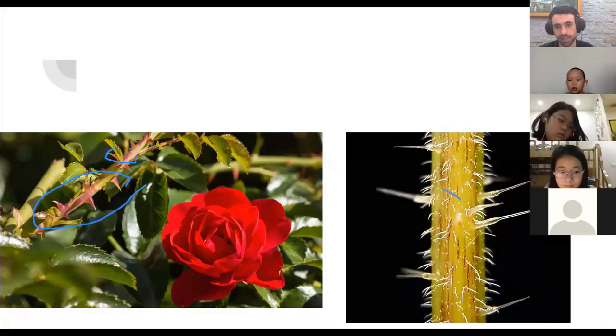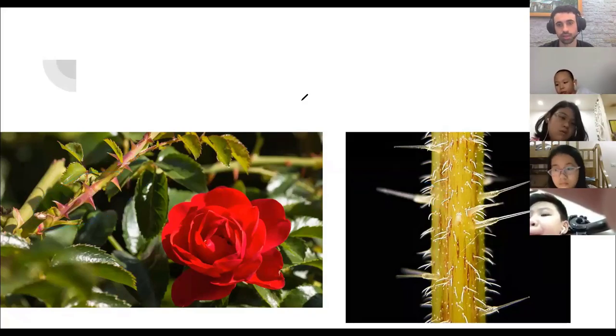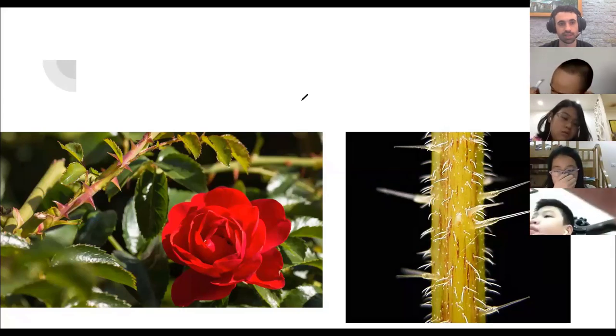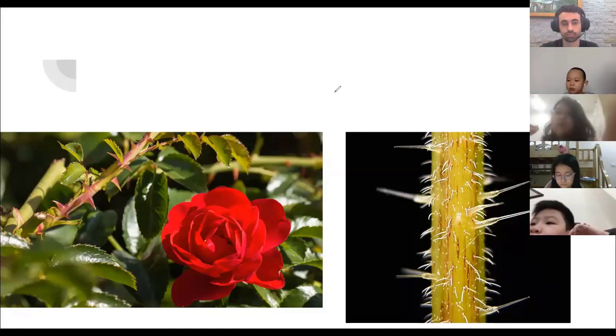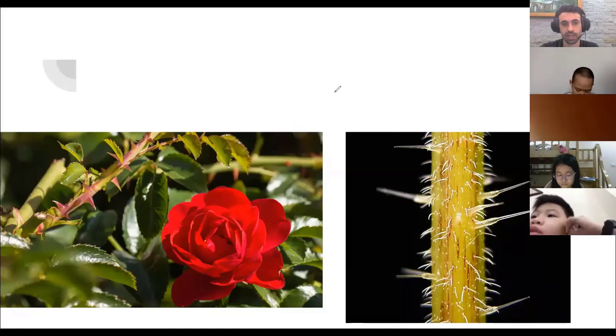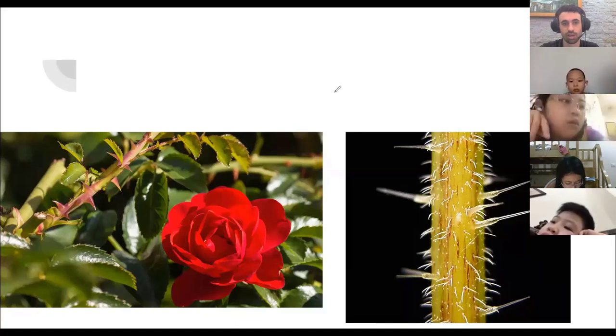Yeah, so Lisa told us these are thorns. And I would say these guys are more like needles. They're a little bit different. Okay? Does anyone have any other facts they would like to share about these plants? What parts of the plant do you see on the left? Are there any leaves? Are there any roots? Let's call on Katie.